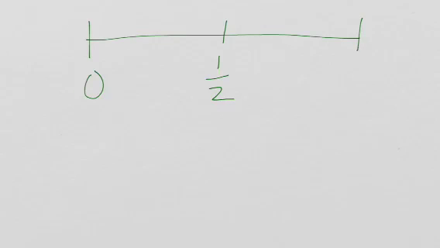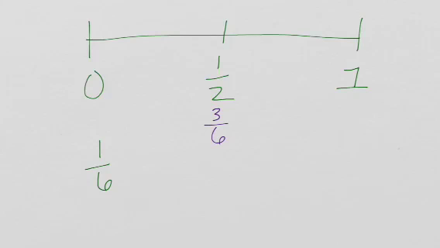Alright, let's try another example. Again, 0, half, whole number 1. And let's try 1/6. Go ahead and pause that. Alright, hopefully when you did, you thought about a number line cut into 6. The halfway point would be 3/6.